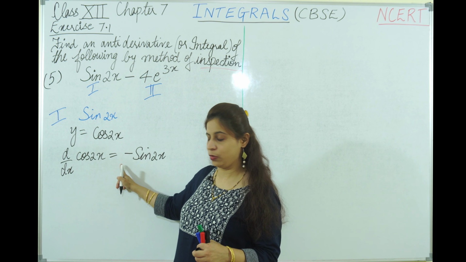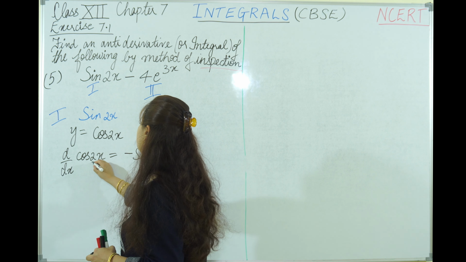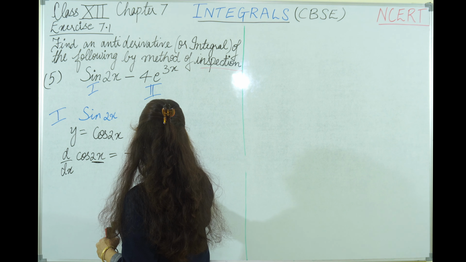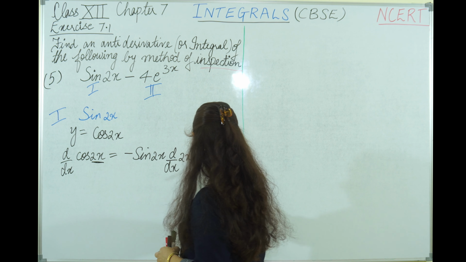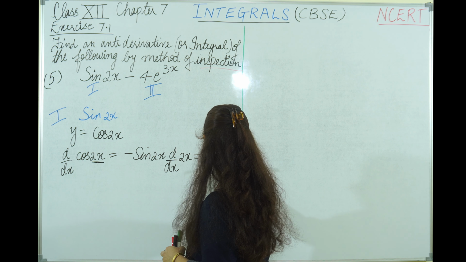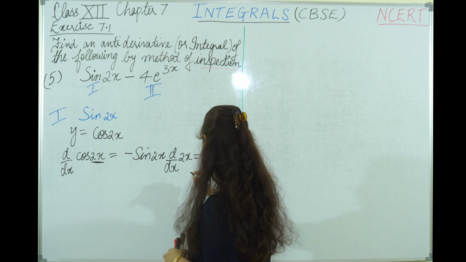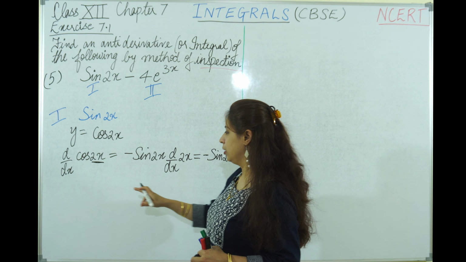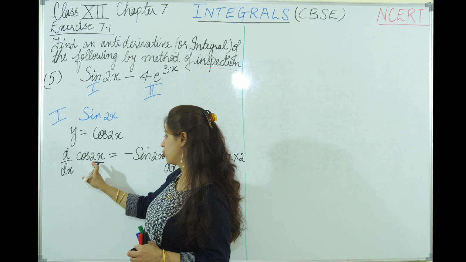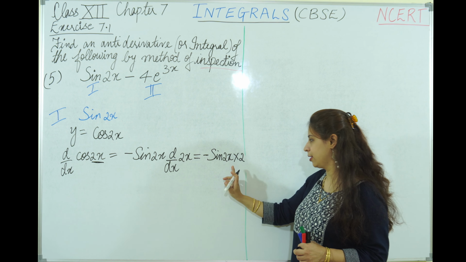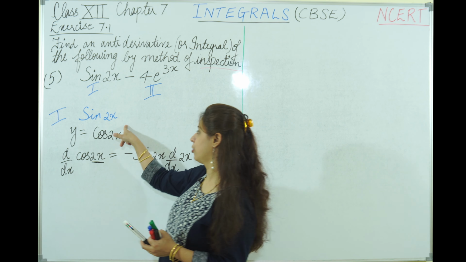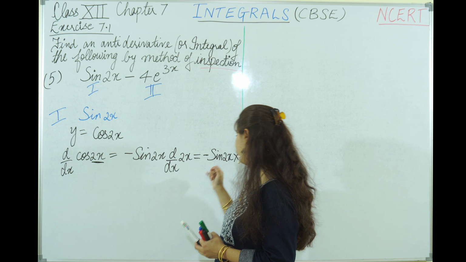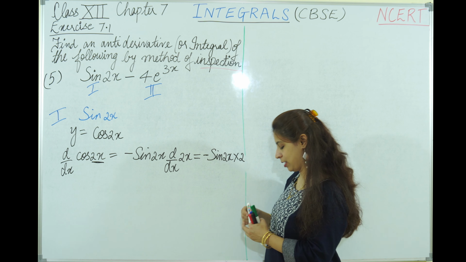Then we also take the derivative of 2x, so it will be minus sine 2x into 2. But we need to find it for the first function of the expression, sine 2x.